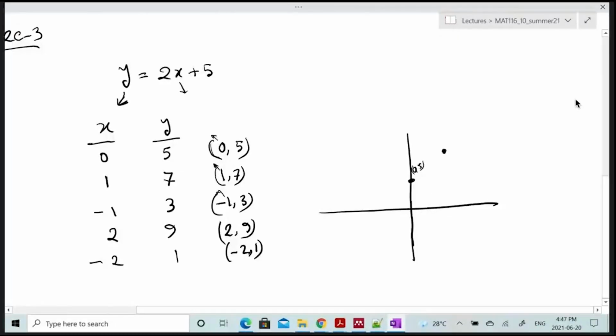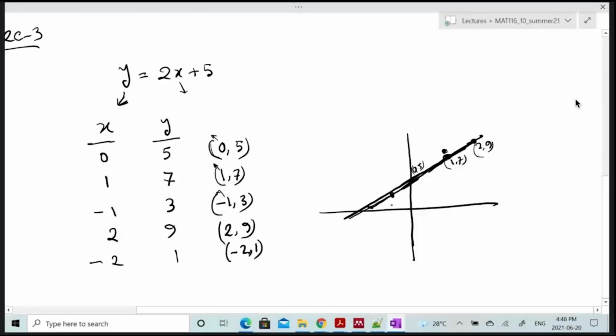Now if we want to allocate the points: (0, 5), say this one, and (1, 7), so it's somewhere here. (Minus 1, 3), say here. (2, 9), and (minus 2, 1) here. So just join them. This is (0, 5), this one was (1, 7), and we have another one here which is (2, 9).